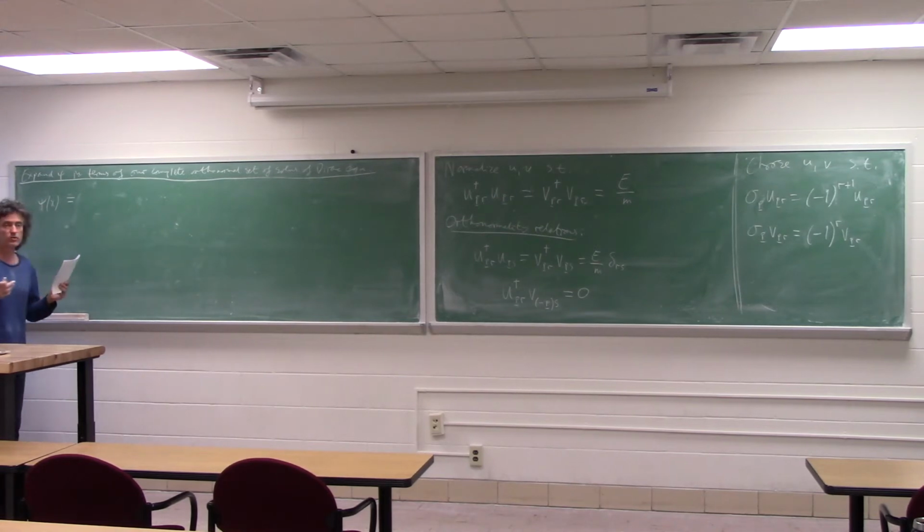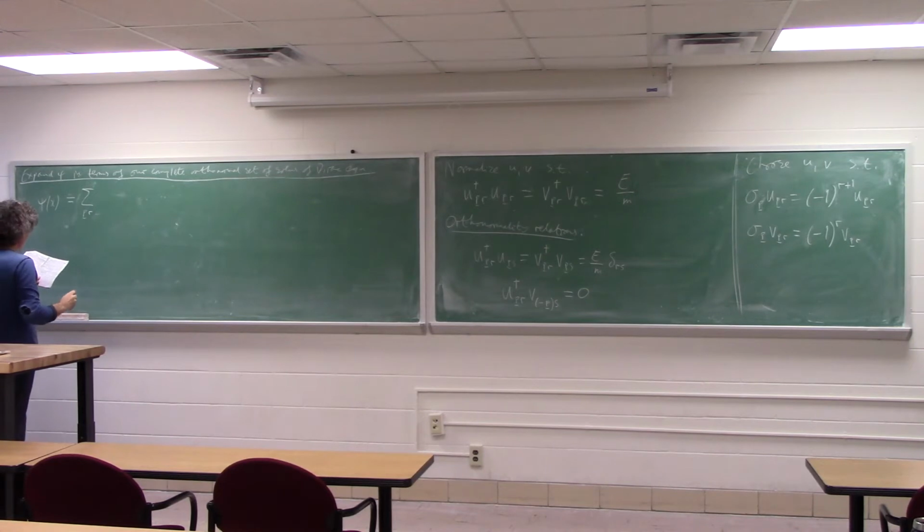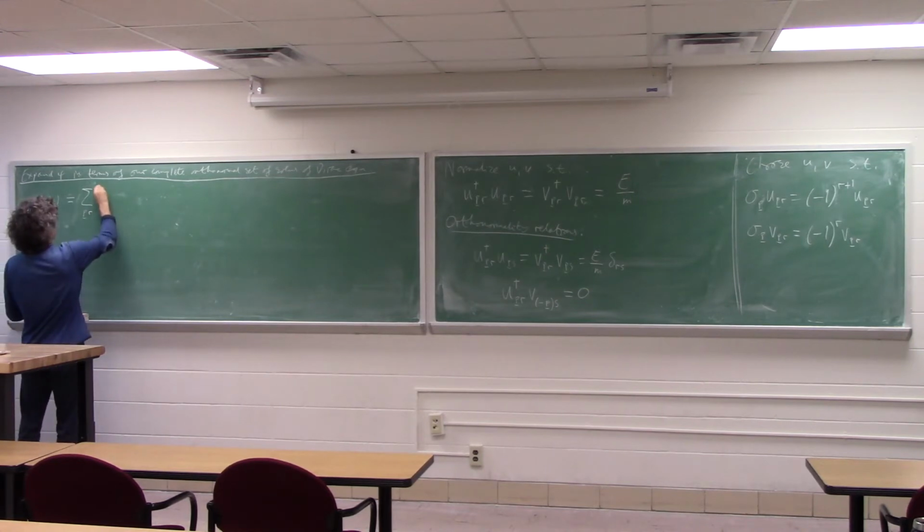So our complete orthonormal set is labeled by momenta and the spin index. So we're going to have the sum over p and r. It turns out to be convenient to have an overall factor in front that is root m over VE.